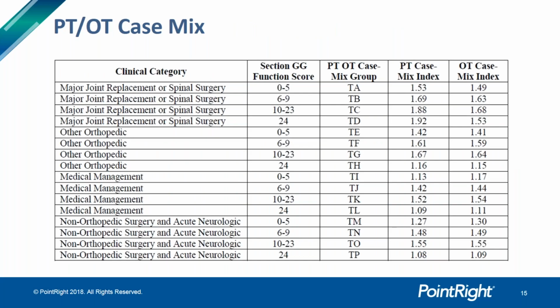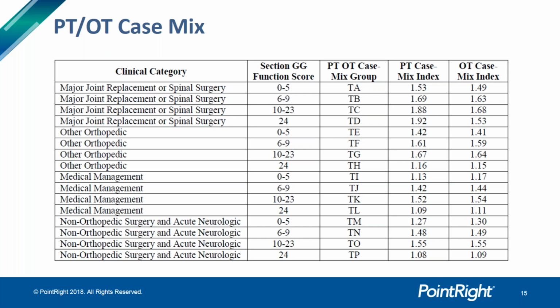So here's what the case mix actually looks like. You'll notice on the left-hand side, those are the clinical categories that the resident would fall into, which are further divided by their functional score for section GG. And then when we look at the case mix indices for PT and OT, you see that they do adjust, they do change over time.